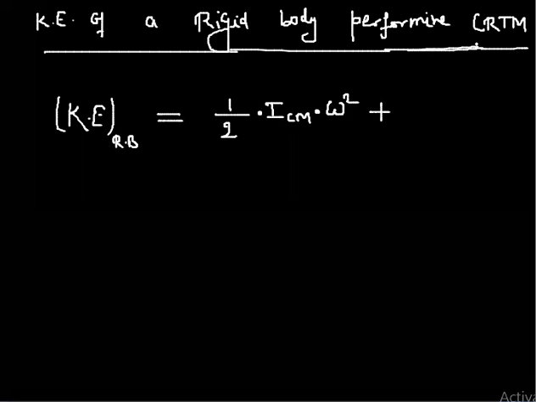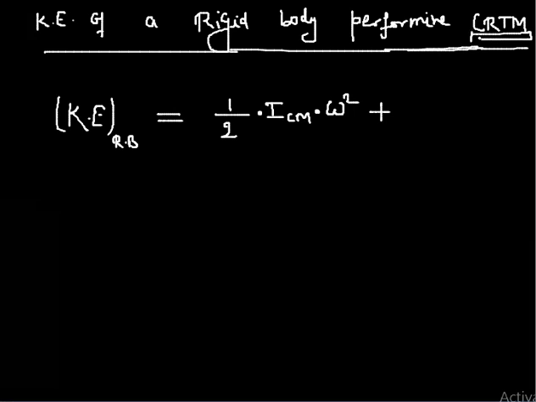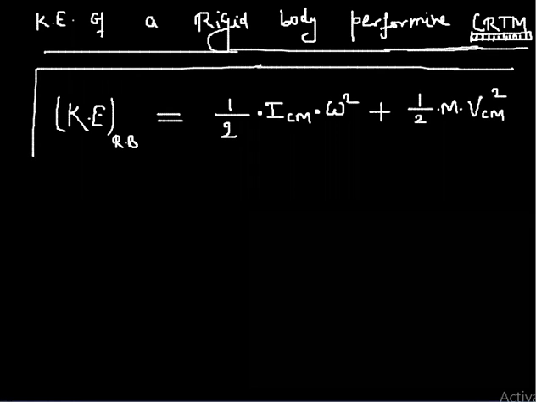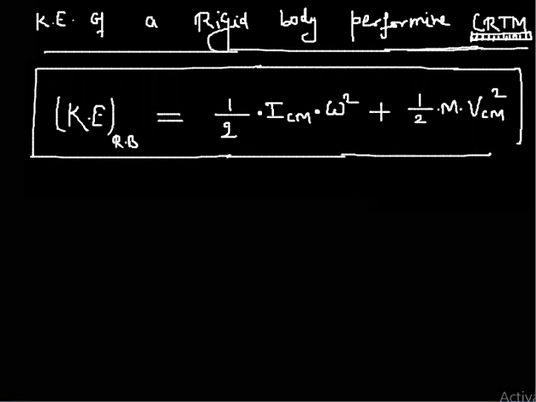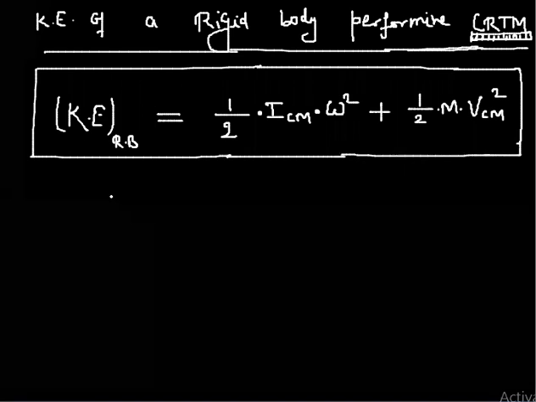Because the motion is combined rotational and translational, it will also have a translational kinetic energy, which is half m times the velocity of center of mass square. This will be the relation we use whenever the kinetic energy of any rigid body needs to be calculated.